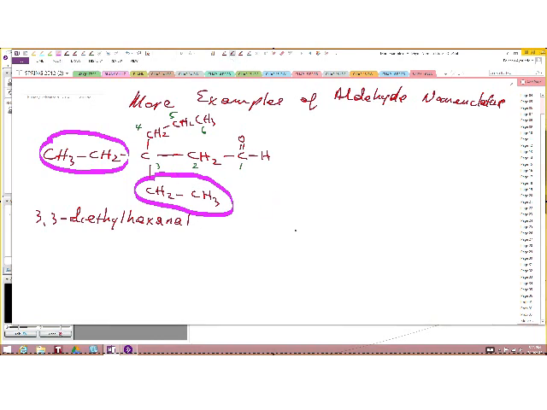Now, supposing we have this molecule here. Okay, how do we name this? In this case, this molecule contains the aldehyde functionality. It also has a hydroxy group. In this case, the aldehyde will take preference. Okay, the preference goes to the aldehyde.